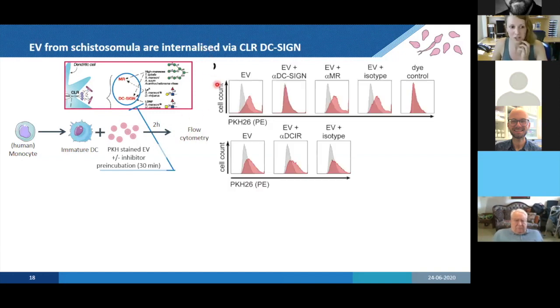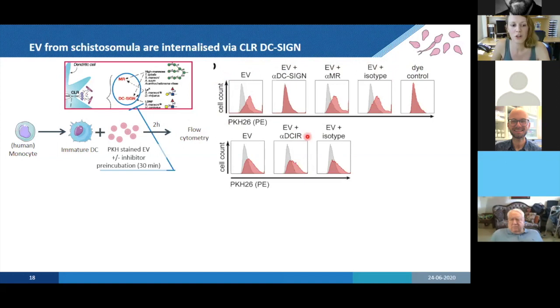And here I have some histograms, where the gray plot is the cells without EVs, and the red is when you add the EVs. Then we have the conditions where we added anti-DC-SIGN or blocked the mannose receptor. We used an isotype control, and of course again the dye control.